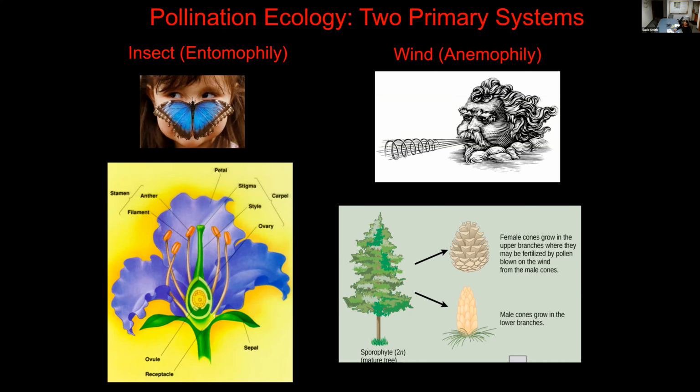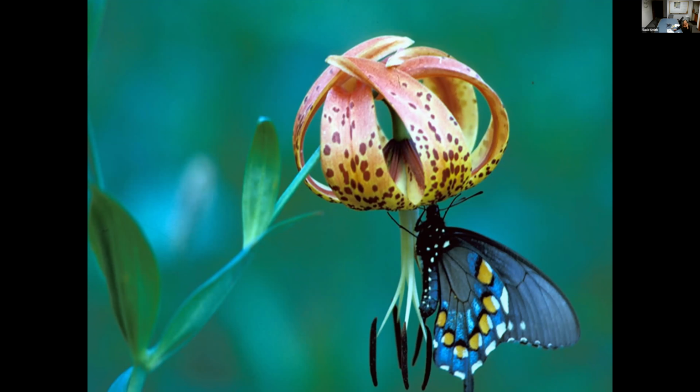But how this pollen is transmitted from this one flower's anthers to the next flower's stigma, it's got to be one of the most fascinating topics in biology and plant flower evolution, plant flower ecosystems.